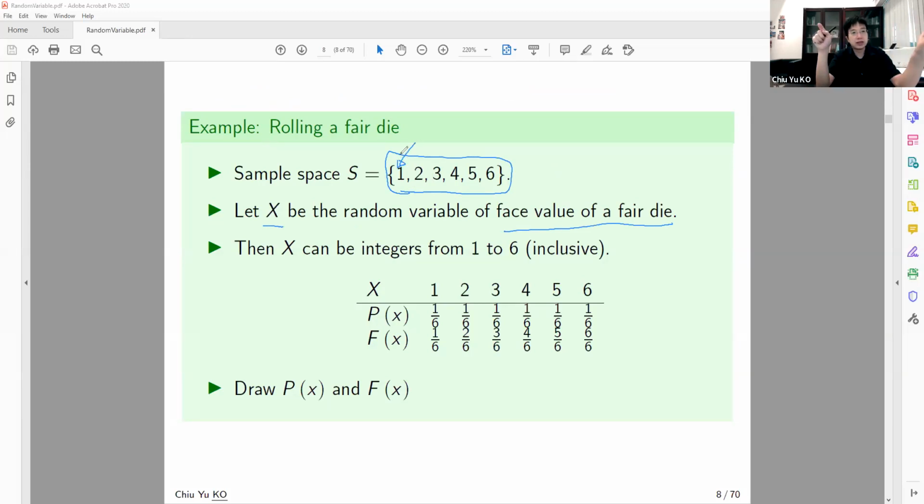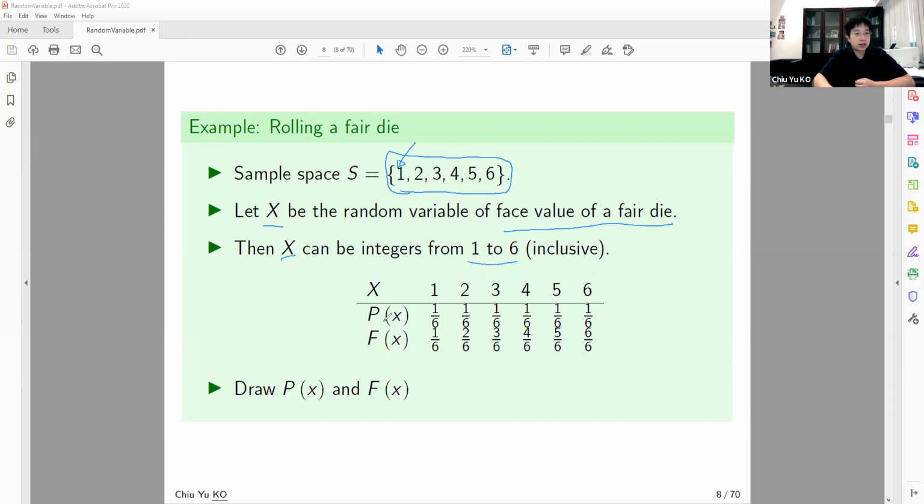The face value of the die is 1, and then naturally you have a random variable called 1. We have to abstract from the outcome of the sample space, so 1 actually means the face value is 1. Here x can be anything from 1 to 6.